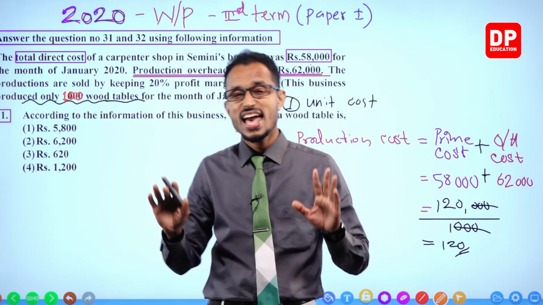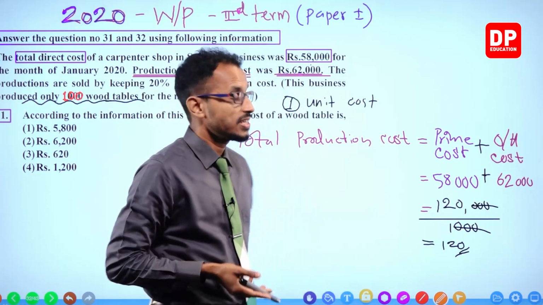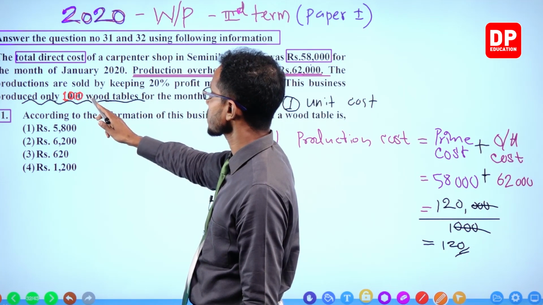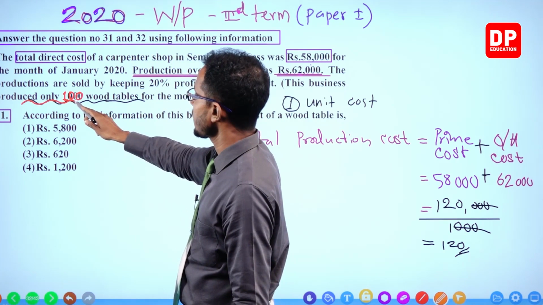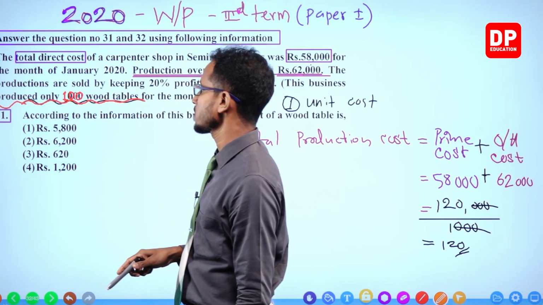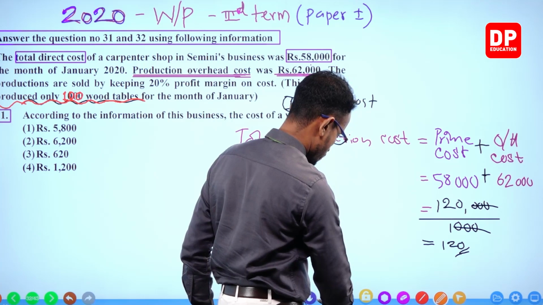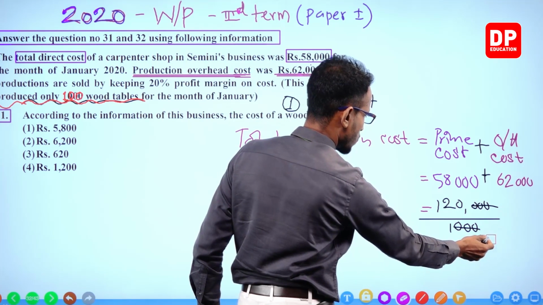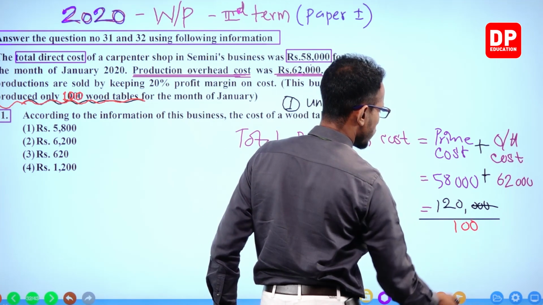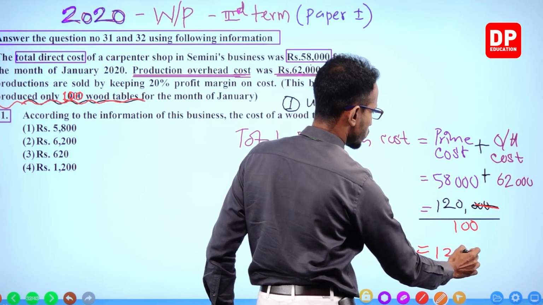You know, mistakes happen. Then, when we take the unit cost, we have to divide the total cost by the number of units produced. Produced only 100, which means here it should be 100, not 1,000. Then, your answer is 1,200.